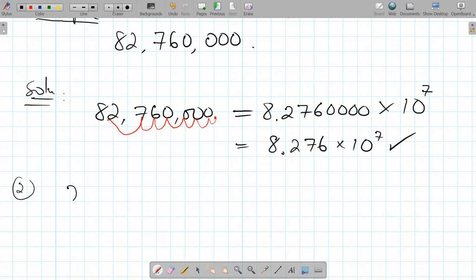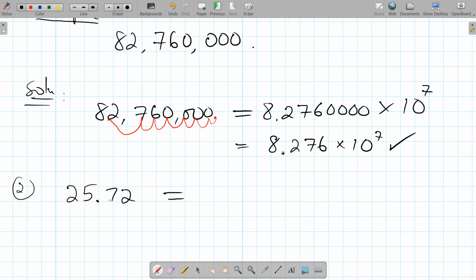If I have 25.72, it's the same idea. This is 25. It is bigger than the condition where it has to lie. It has to lie in between 1 and 10. Because this is already 25, it is outside the condition.